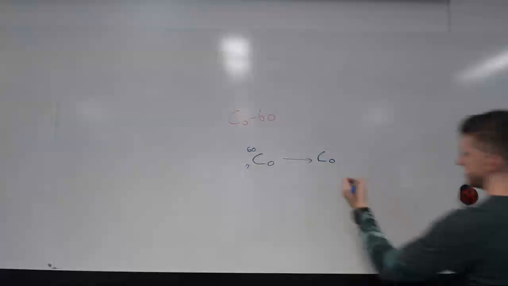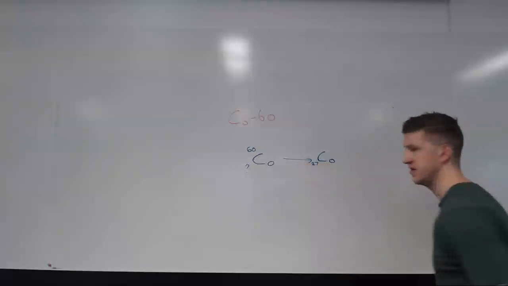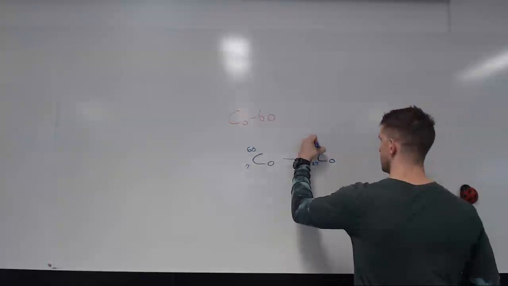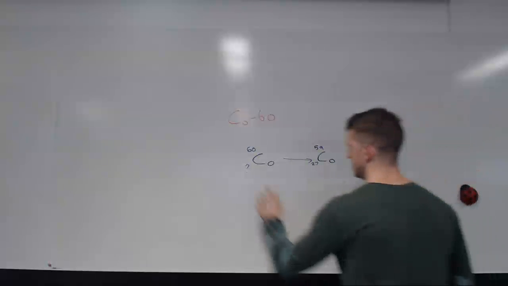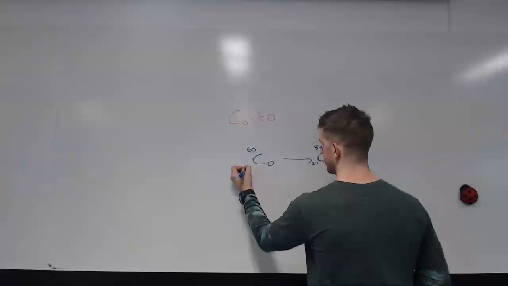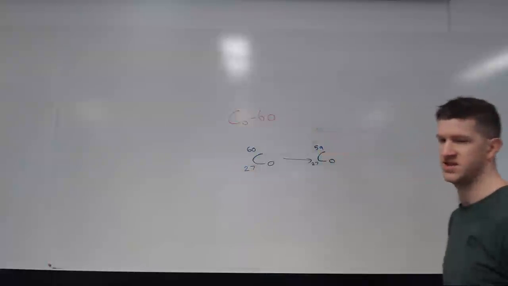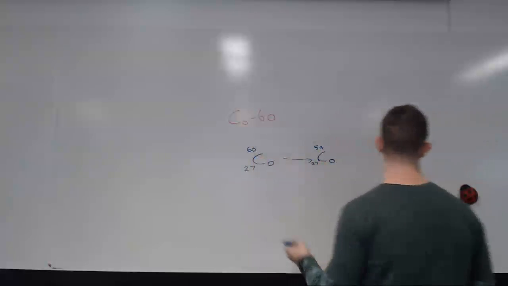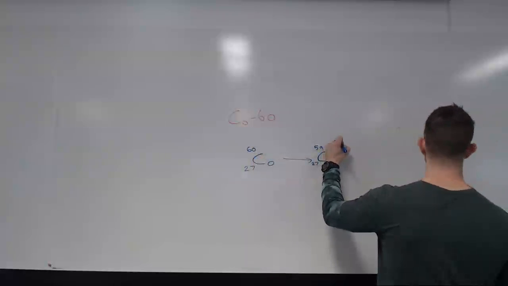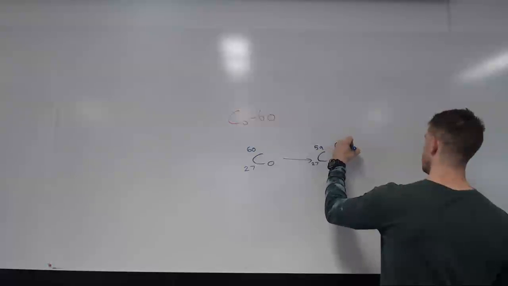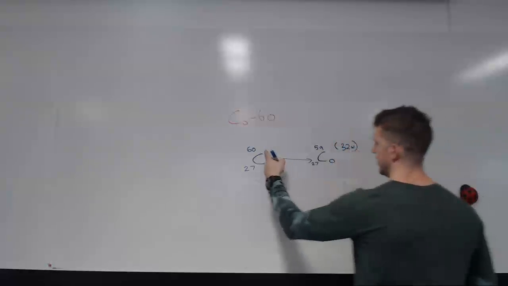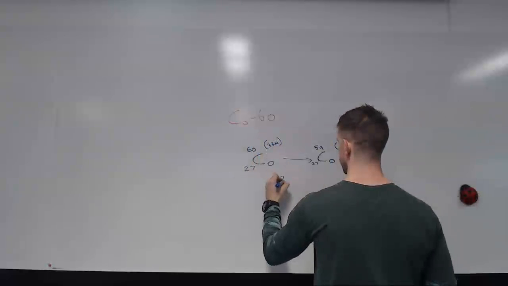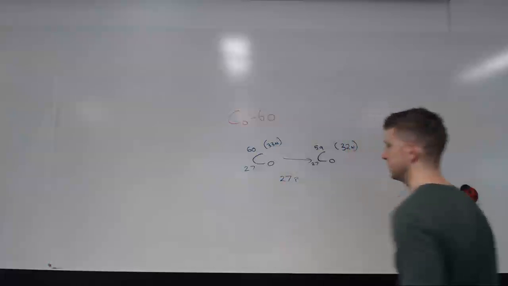And cobalt is number 27. So my periodic table will tell me that. You don't need to memorize that. I look at the original atomic mass and it was 59. This has to be 27 because atomic numbers never change. But it's gained 1. So if I do the same math before, in this case, we had 32 neutrons. Now we're going to have 33 neutrons. And in both cases, 27 protons.